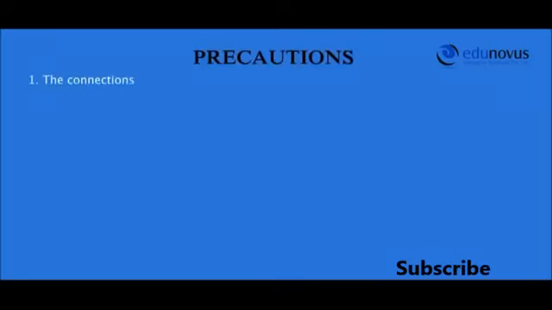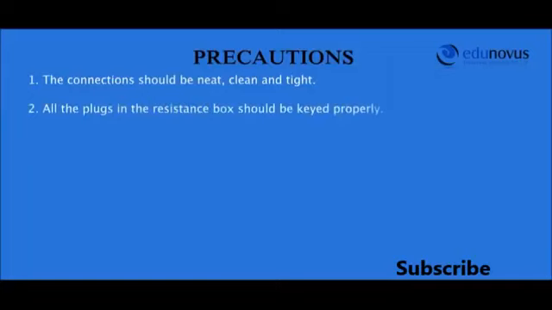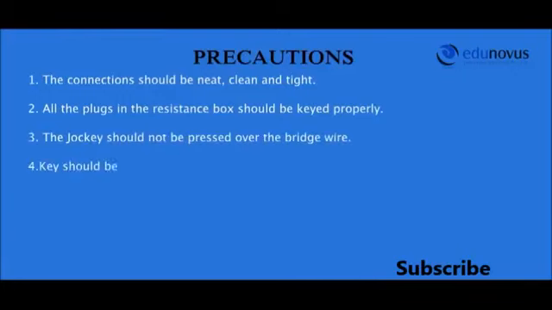The connections should be neat, clean and tight. All the plugs in the resistance box should be keyed properly. The jockey should not be pressed over the bridge wire. The key should be closed only when we are taking the readings.